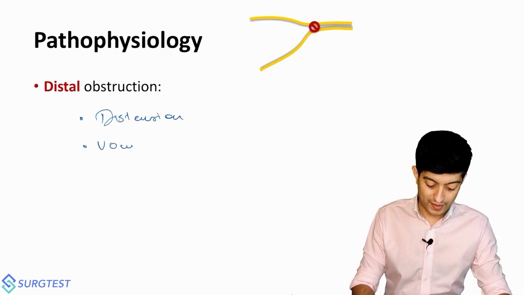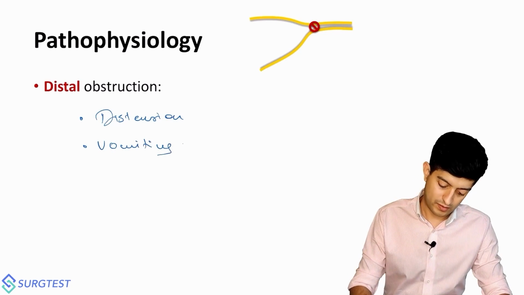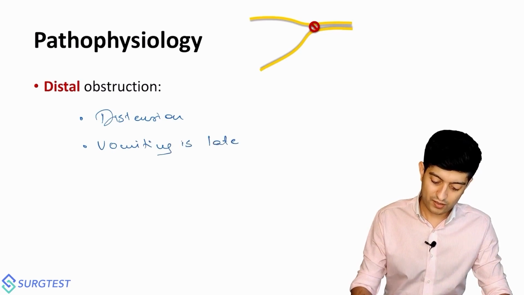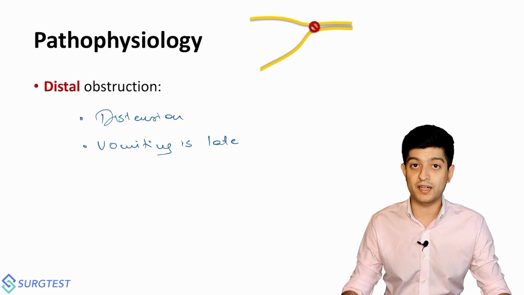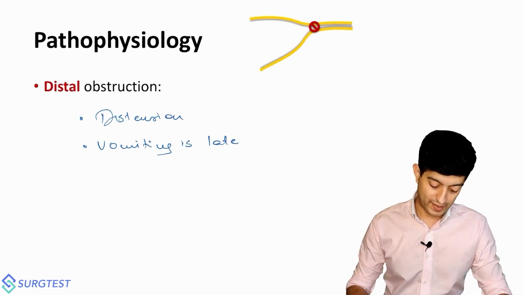Vomiting occurs late. And when vomiting occurs in such a situation, it's a sign that the obstruction has actually progressed quite rapidly and is now involving the entire abdomen.